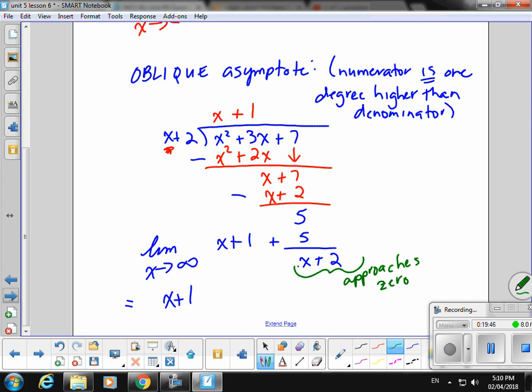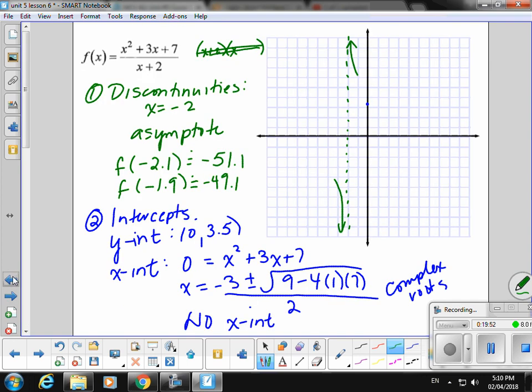Let's draw it. So I have already, yes, I have my vertical asymptote already. I have an oblique asymptote at x plus 1. Okay.